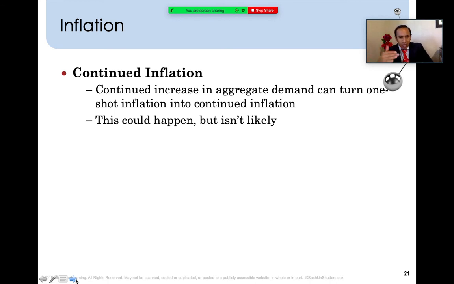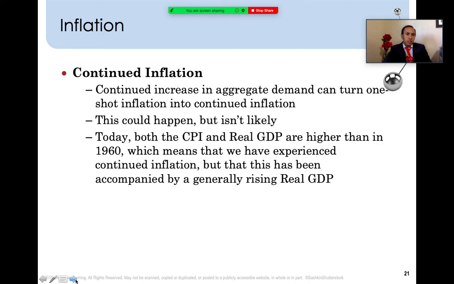We have countries that have experienced significant inflation. Zimbabwe, Venezuela, ongoing countries with higher inflation rates, nominal rates of inflation that is quite significant. Today, both the CPI and the level of GDP are significantly much higher than they were in the 60s and 70s.